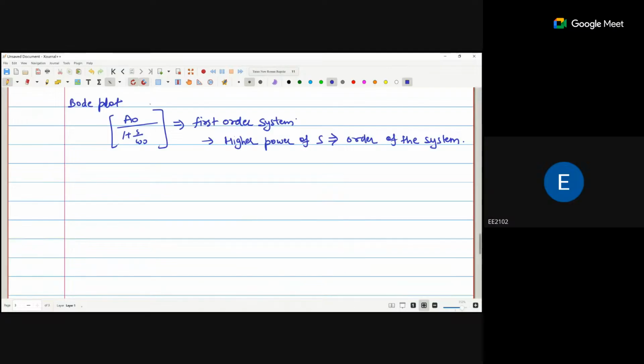Now if anything is represented in the form of N upon P, N is called the numerator, and it represents the zeros of the system. And P is the denominator, and it basically defines the poles of the system.